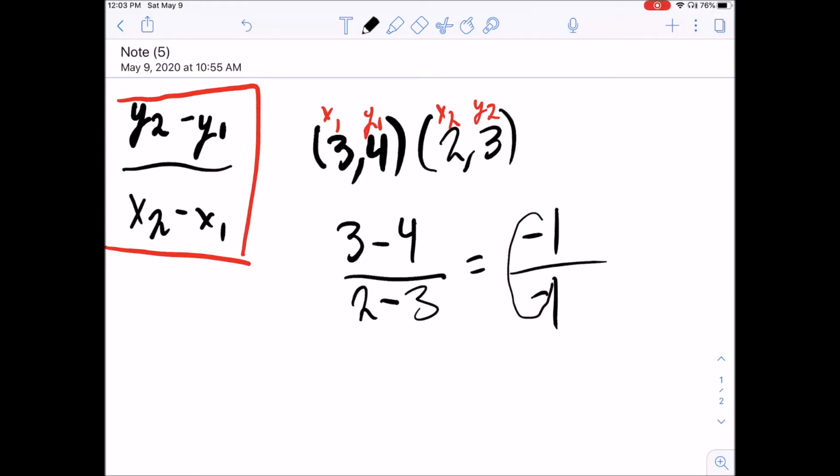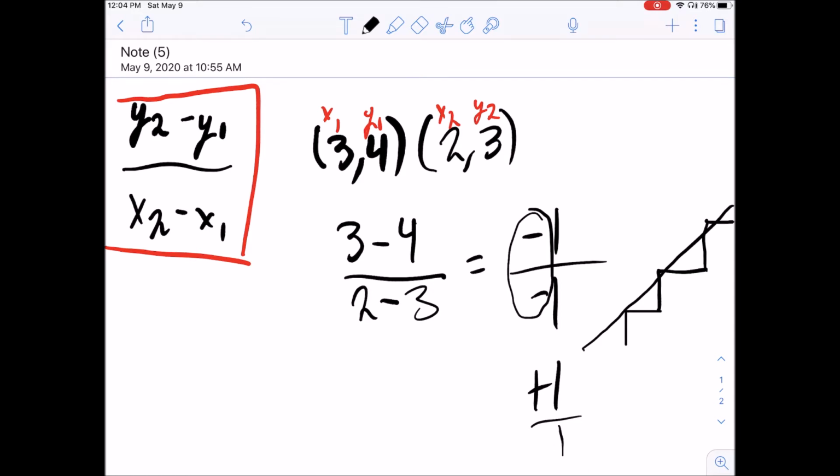Now we know from past videos that negative and negative is positive, so this will be a positive 1. Our slope is 1 over 1, and that just means that the rise is 1 and the x is 1. This is a slope basically. So then this would be our line right here. That's slope.